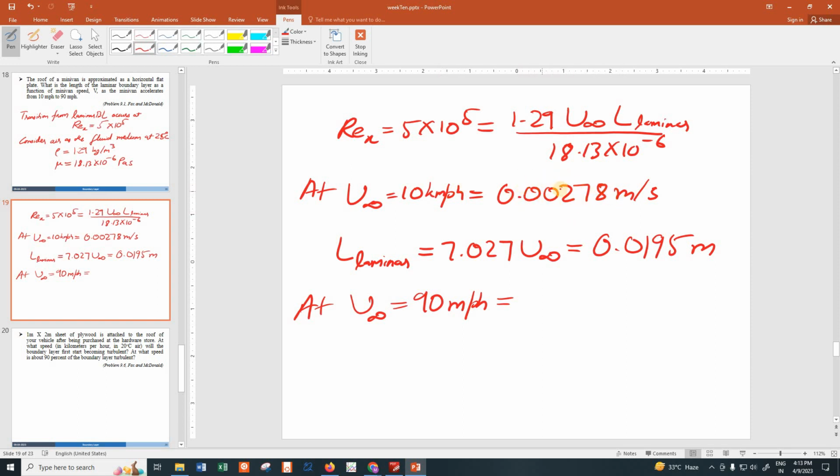So that would basically mean 2.78, sorry, this will be meter per second, right? Meter per second.